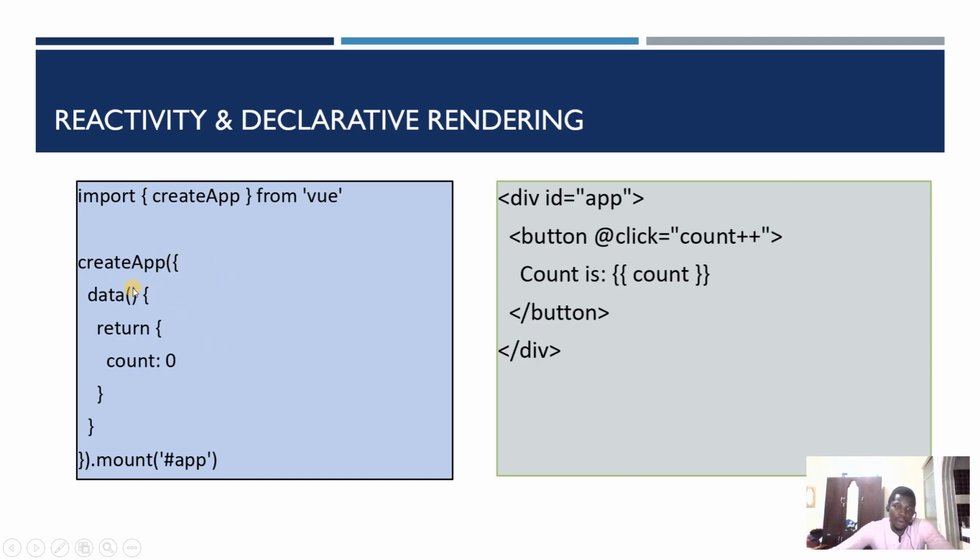In this createApp, we're passing an object which has the data function, where we're defining some reactive properties that can change during the life cycle of the application. The property here is count. Count will be updating itself in the template.